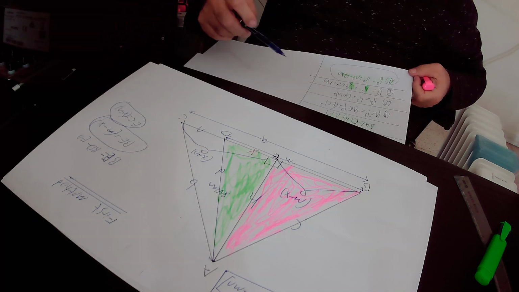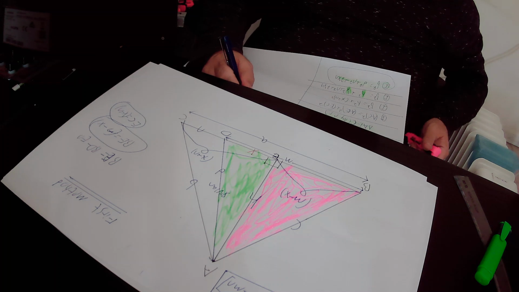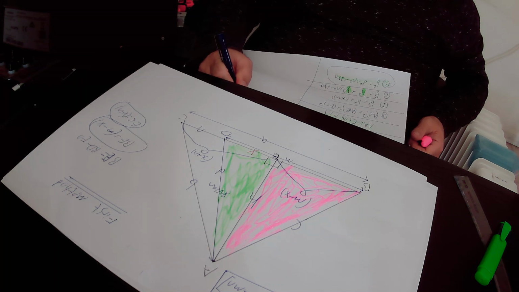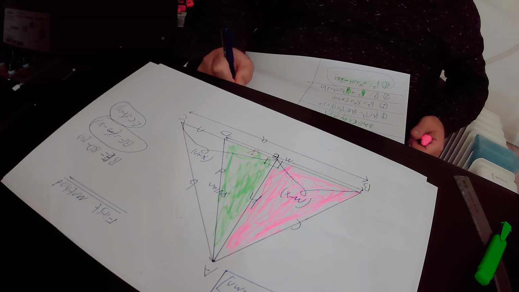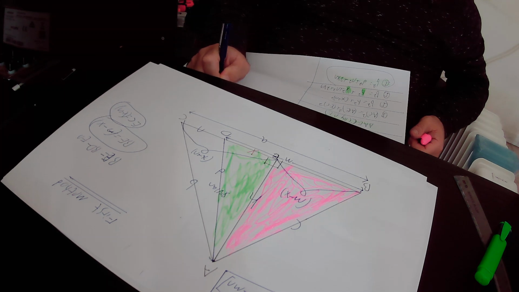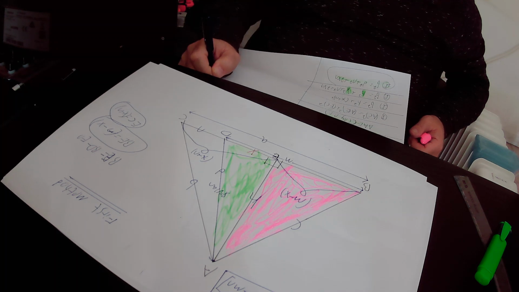So in the right pink triangle ABE, we have a relation from Pythagoras theorem.